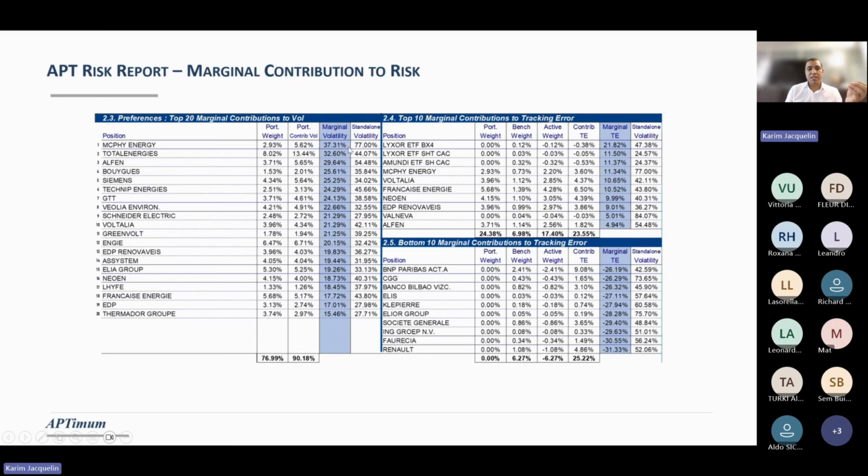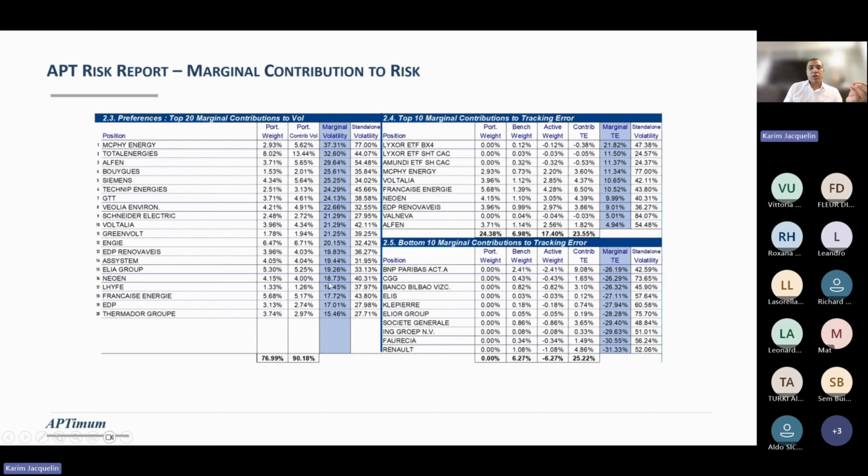So it will go down by 0.37%. So it helps you to simulate the risk of your portfolio if you are changing the weight of the position.